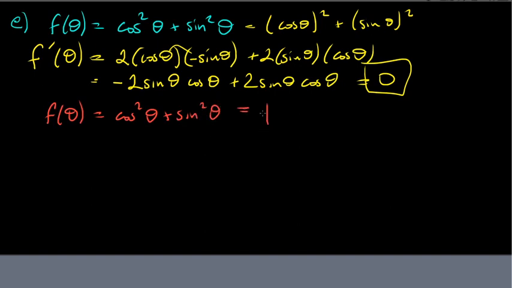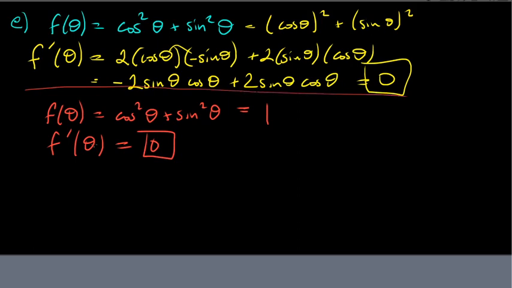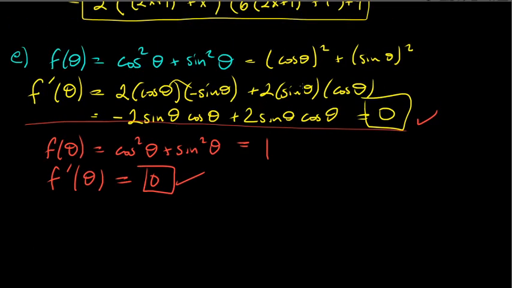That's 1 by the Pythagorean identity, right? So really, you're just taking the derivative of 1, which is 0. So see how much faster that is, but you get the same answer whether you do it the long way or the short way. And the long way wasn't that long either. It's just not necessary if you know the Pythagorean identity, that the function you're differentiating is really just a constant. It's just 1.